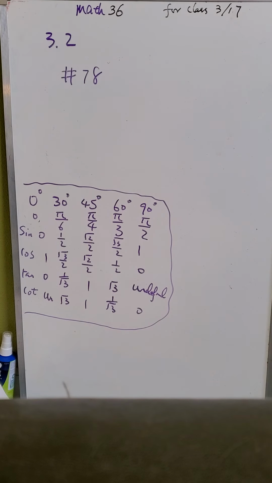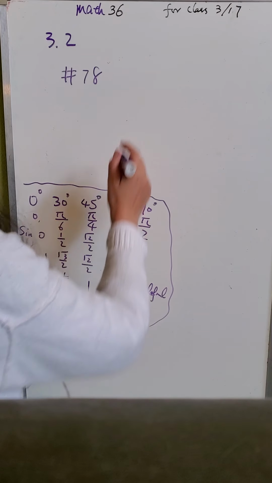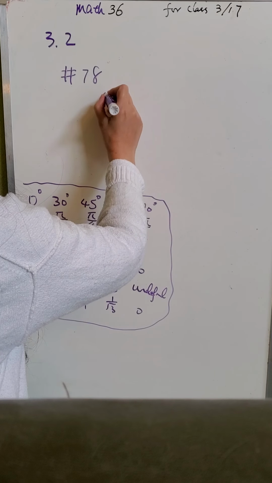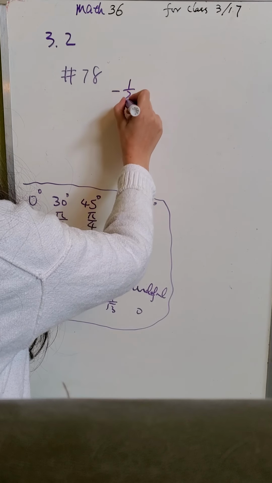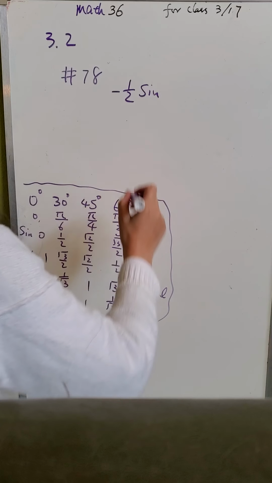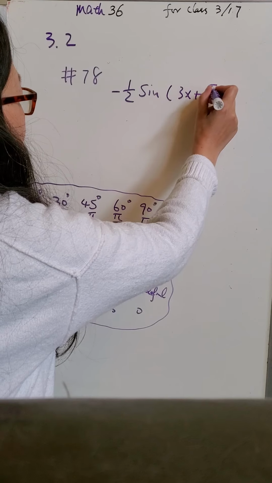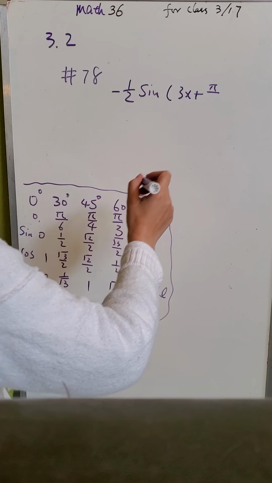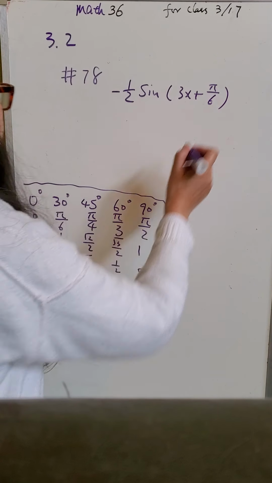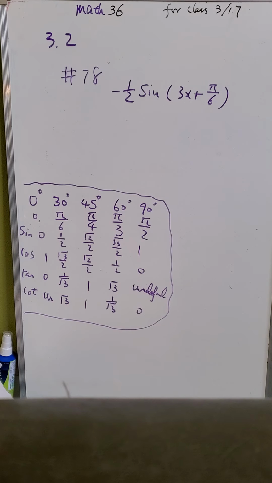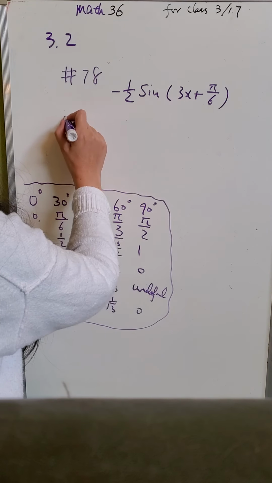And what we are given is the expression negative 1/2 sine of (3x + π/6). And they want to find the value for x equal π/6.